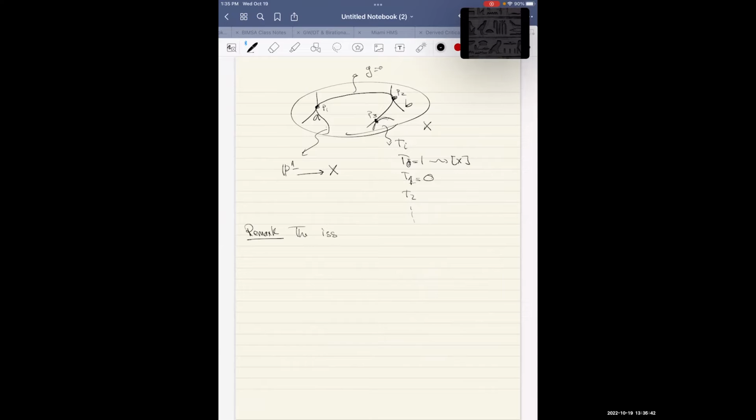The issue with this definition is that the sum over this curve class beta might be infinite.